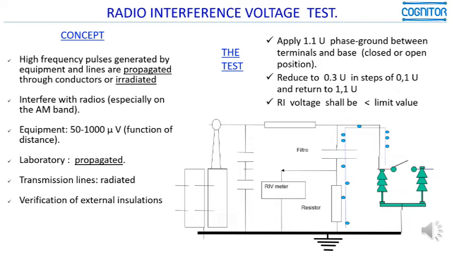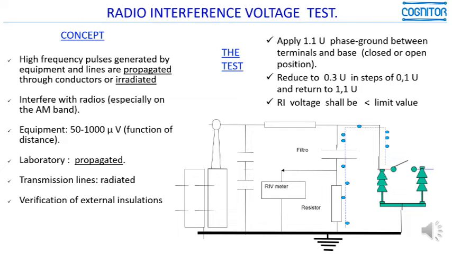This resistor, the RIV meter, is like a little bit more sophisticated voltmeter. And the voltage drop in this resistor, which is measured in the RIV meter, should not be above the maximum value which was included in the specification.